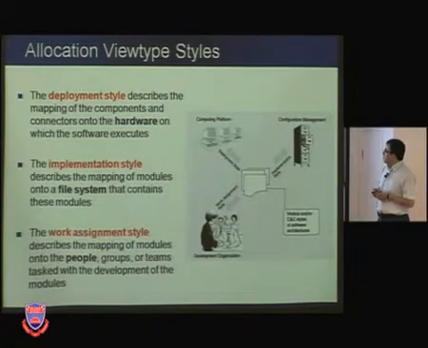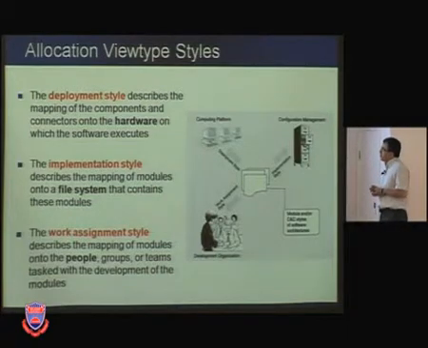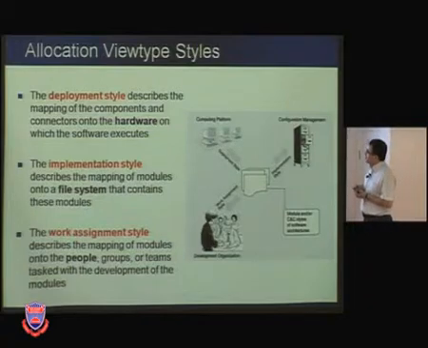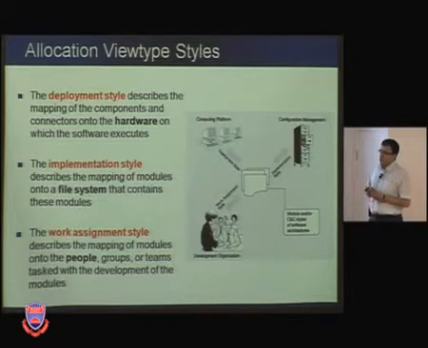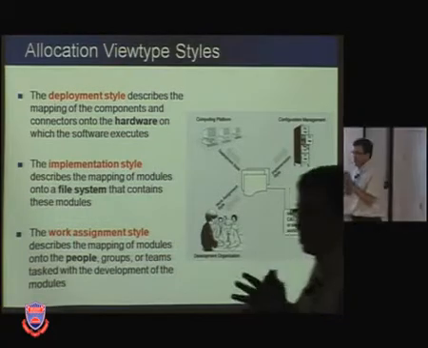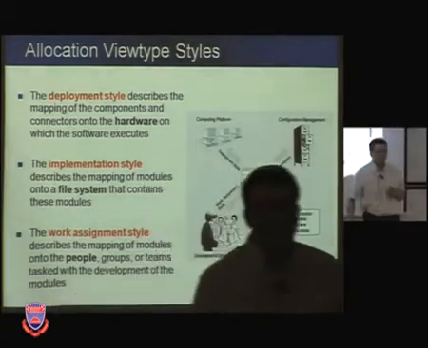Based on that, they have defined three predefined styles. The deployment style, where you describe the mapping of components and connectors onto the hardware on which the software executes. The implementation style describes the mapping of modules to the file system. And the work assignment style describes the mapping of modules onto the people. So allocation is not just deployment; here we have three different styles.